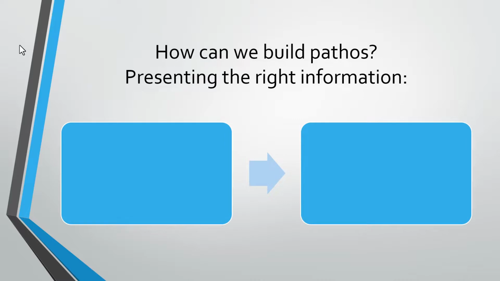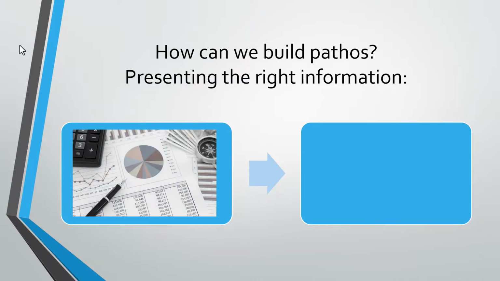For example, if I wanted you to go and adopt a pet, I could give you a bunch of graphs and statistics to say, on average, it takes about $800 a year for you to adopt a cat and care for a cat.